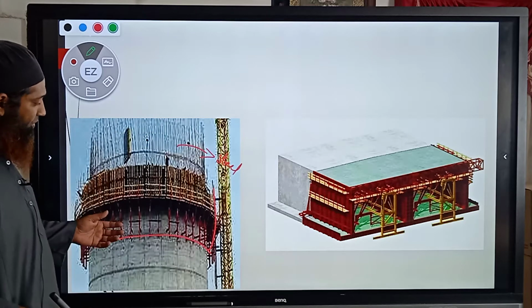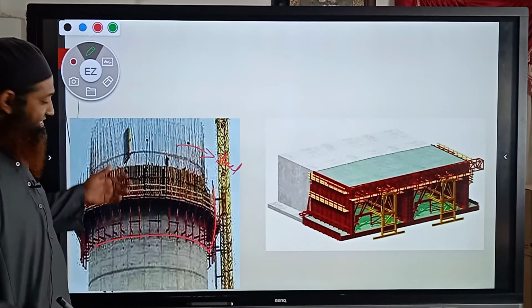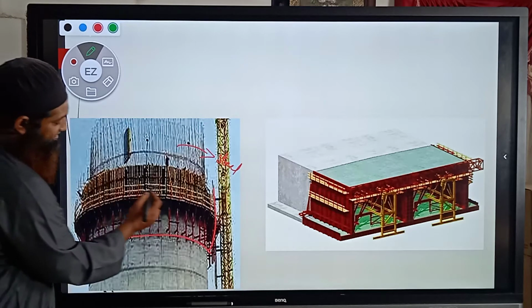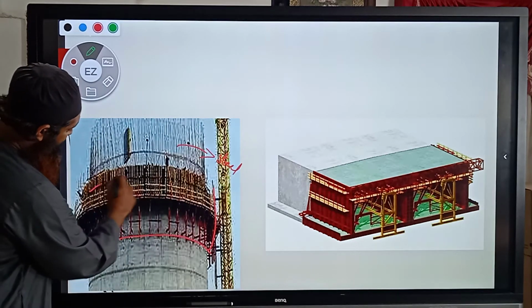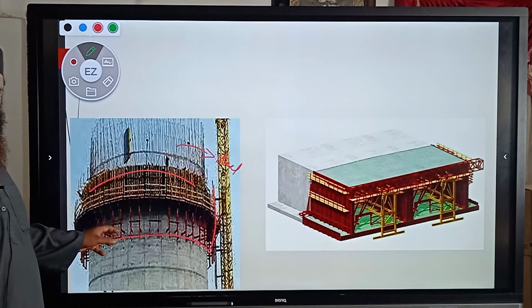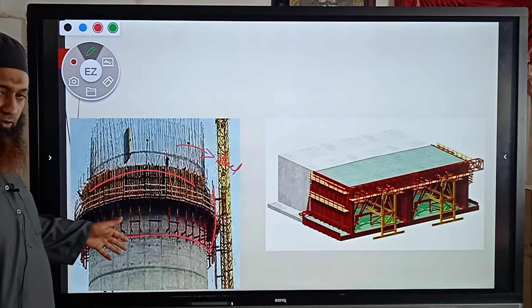If the formwork is proper, then only the steel gets the chance to rest over it. This is the circular type of formwork, being casted for construction of circular water tanks, overhead water tanks.